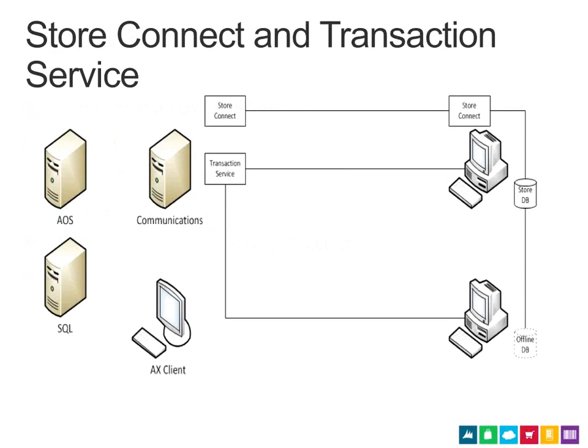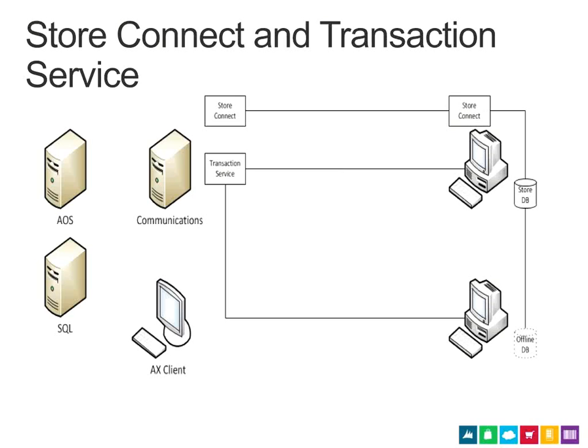So I think it has been mentioned a couple of times, from the basic functionality, what it actually does. Store Connect, the default configuration is you have one or more instances running at the headquarters. Here we're going to show it on its own dedicated communication server, and there probably will also be an instance running at the store.